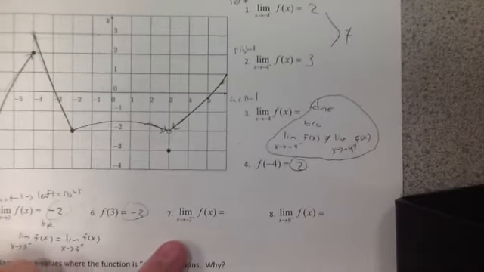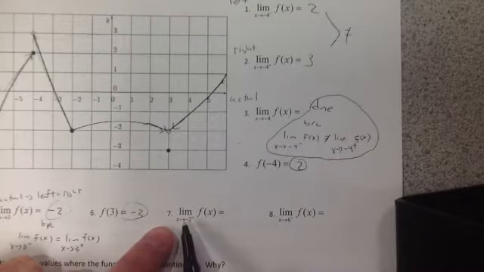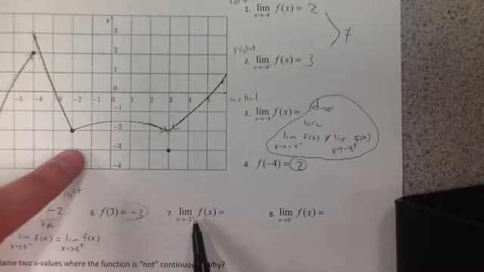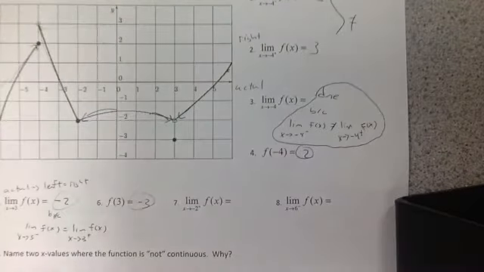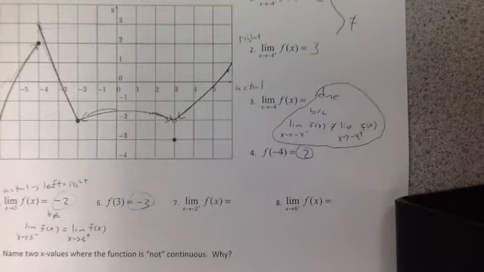All right, for number 7, what is the limit as x approaches -2 from the right? So as I approach -2 from the right, what are we approaching?